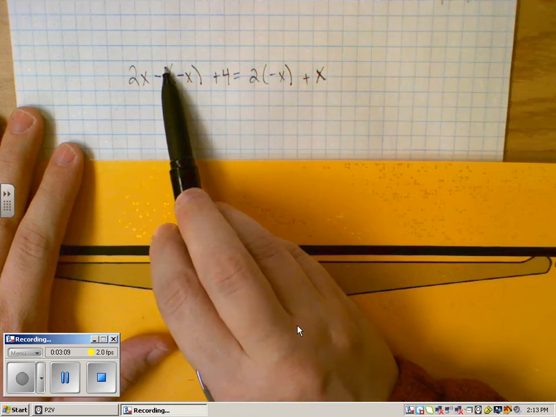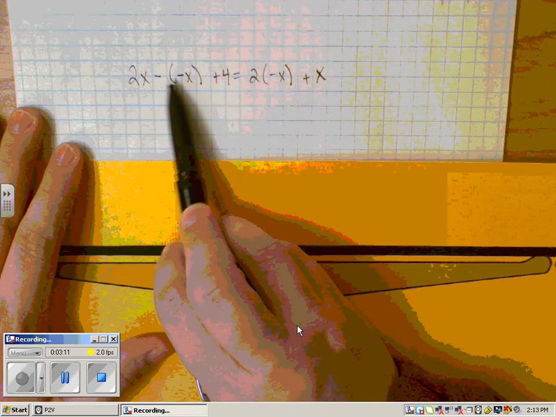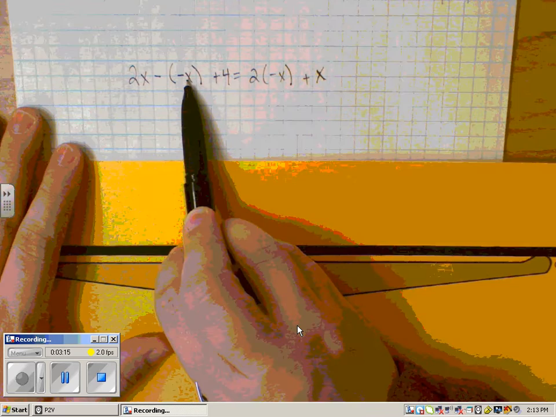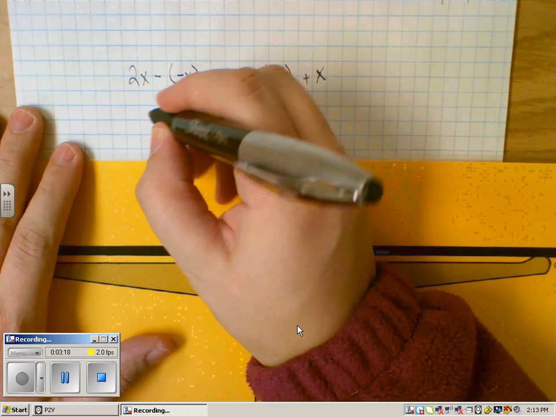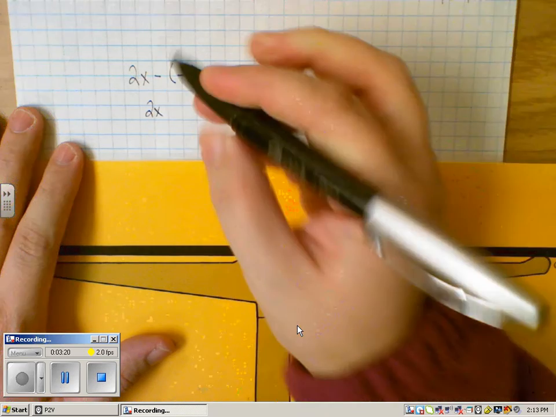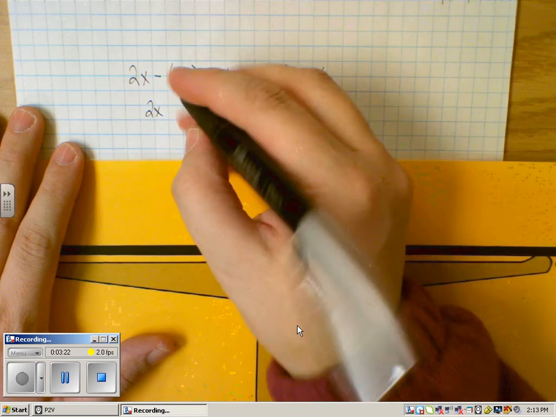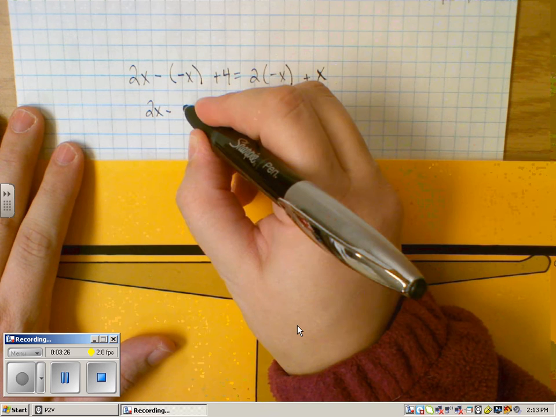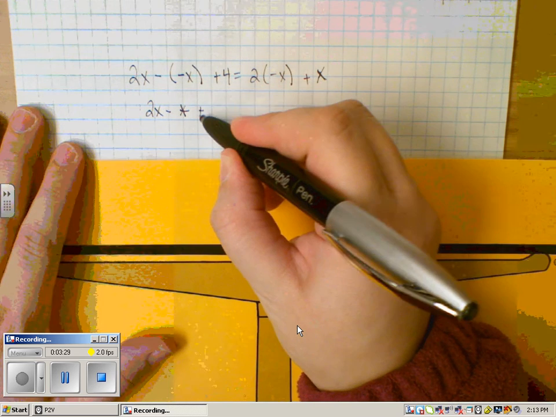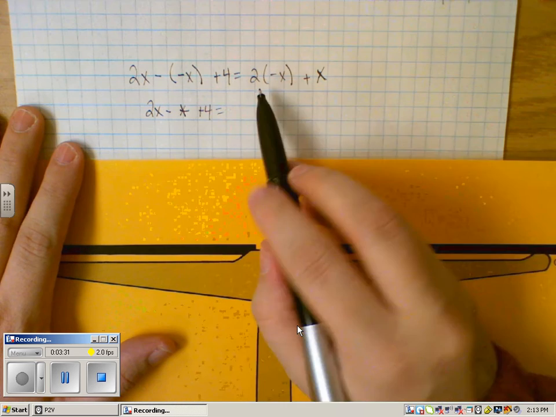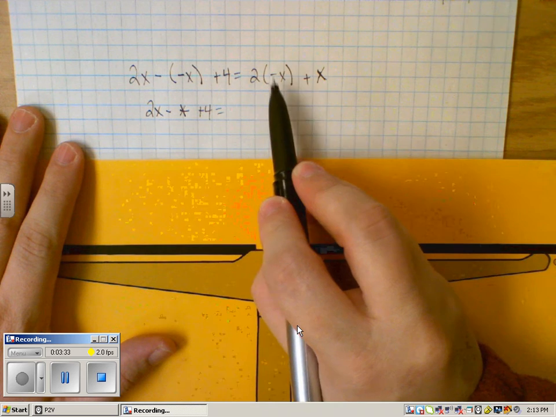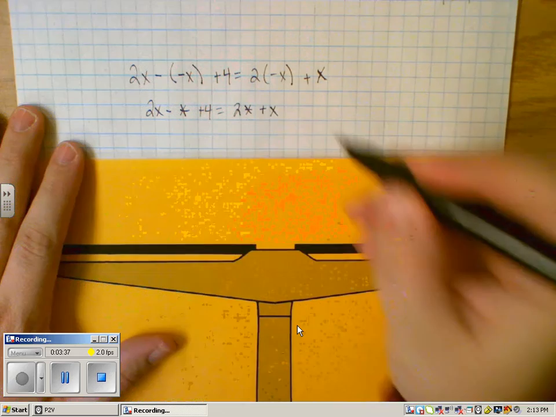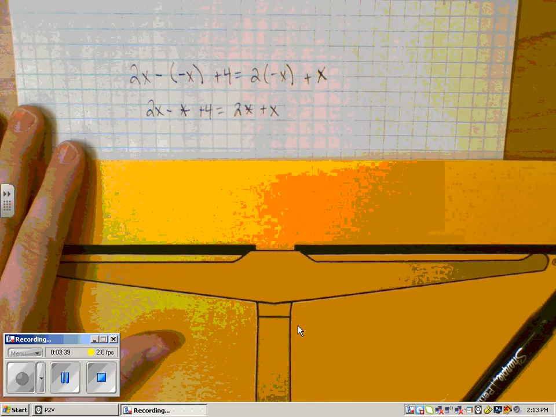Notice how they wrote the negative x in parentheses to keep the subtraction and the negative symbol separate. So if you need to rewrite this, think: this is 2x minus, you still have to bring down the subtraction sign, star plus 4 equals 2 times star, so just 2 star plus x. Go ahead and solve for x and star.